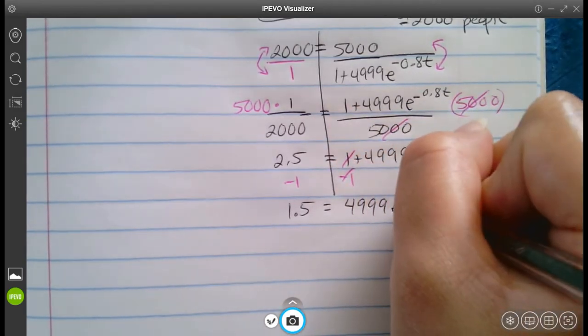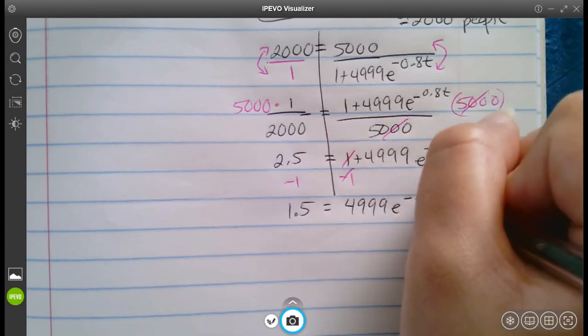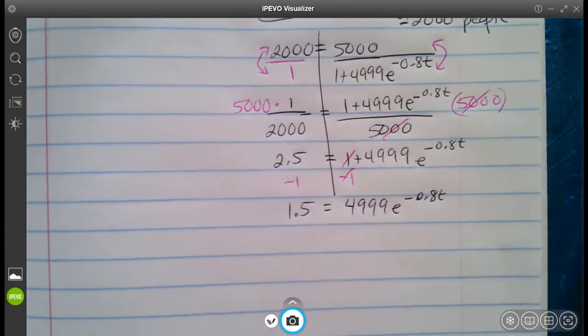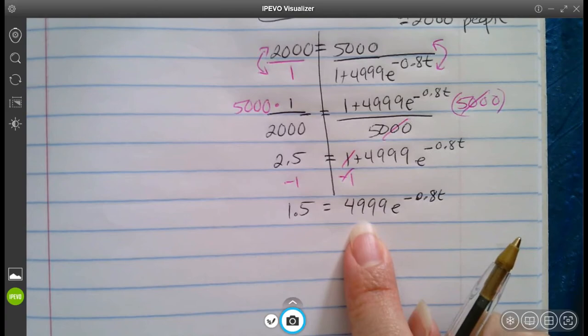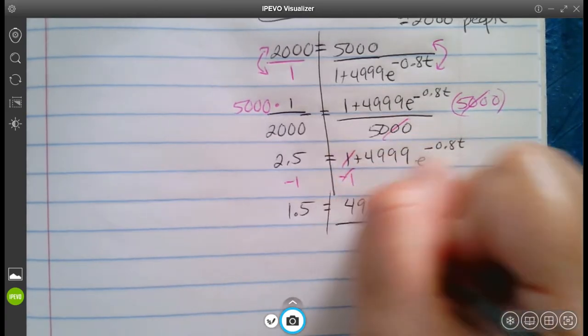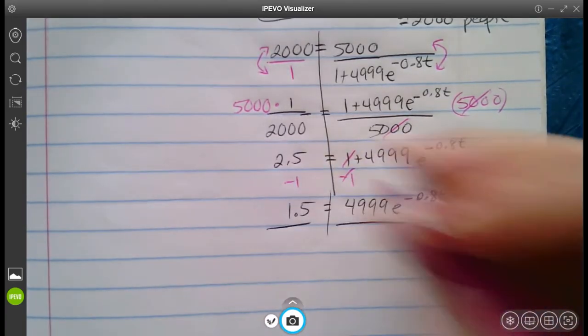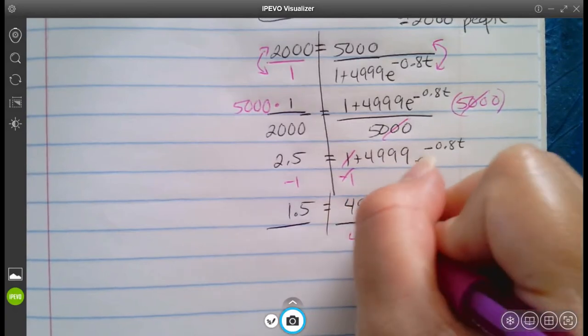Hopefully you know what to do after this, because from here on it's basically just solving, right? We're going to get rid of that 4,999 by division. So divide both sides by 4,999.